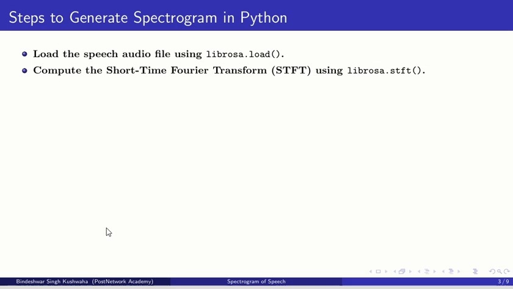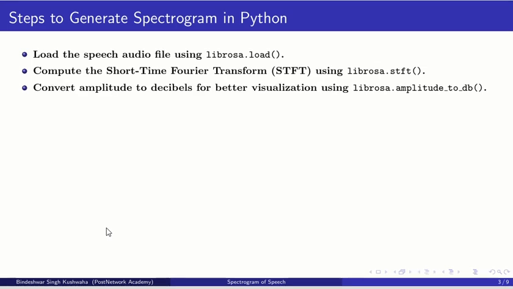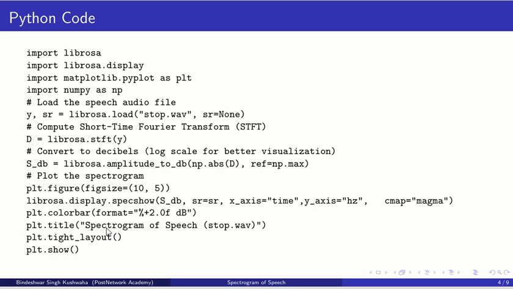I will explain why we will use it. Then convert amplitude to decibels for a better visualization using librosa.amplitude_to_db. One more, we will plot the spectrogram with librosa.display.specshow, and this is the code, and now I am going to run it. So let us see here.